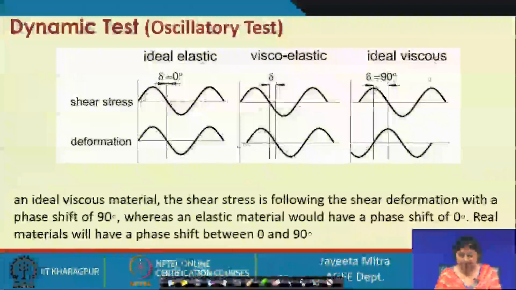So, a 90 degree phase shift will be observed in case of ideal viscous material, whereas ideal elastic will show delta equal to 0, and in between them any value can be observed in case of the viscoelastic material. Okay. So, the material that has a phase shift between 0 and 90 degree will be taken as the biological material or real material.